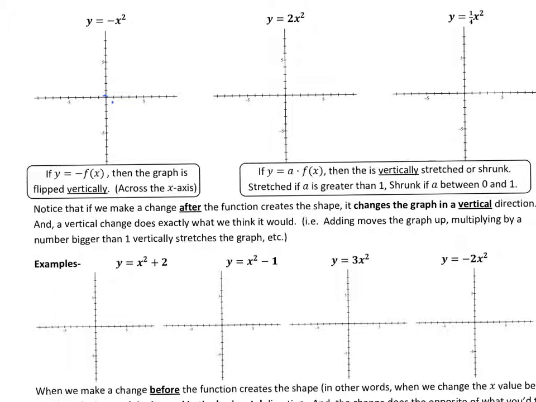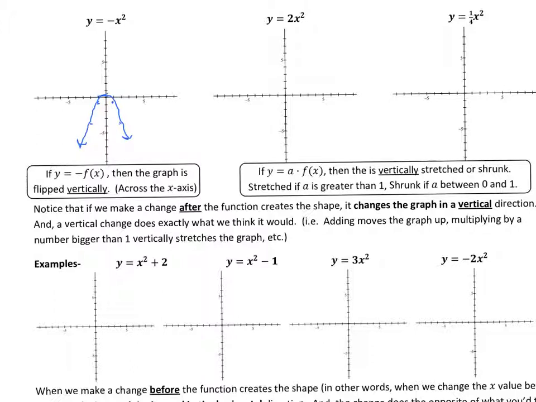If I go right 2, I'm gonna go down 2 squared. And then the same thing on the left. Left 1, down 1 squared. Left 2, down 2 squared. And there's our graph. So if there's a negative out in front, it's what we call a vertical flip, or reflection about the x-axis. We just flip it over the x-axis. So anytime there's a negative out in front, we flip it.